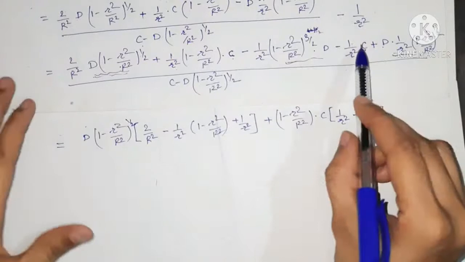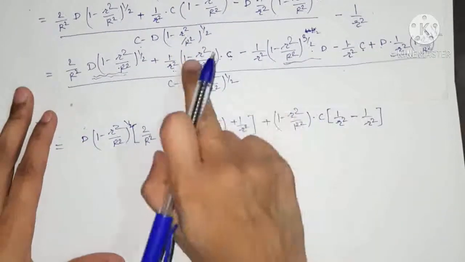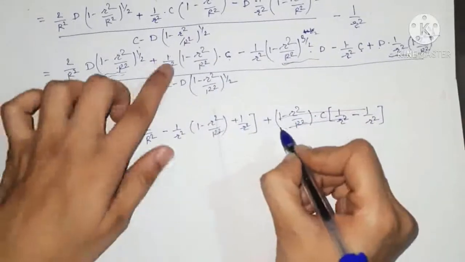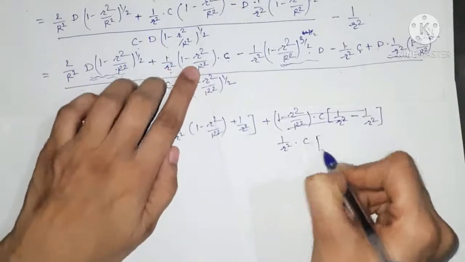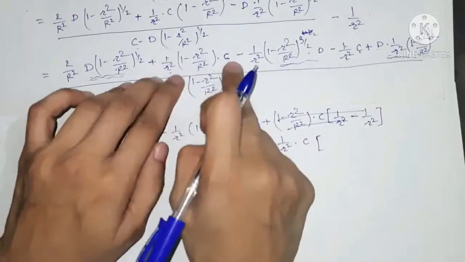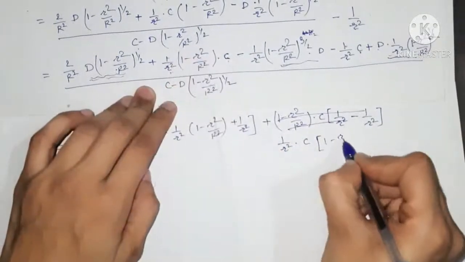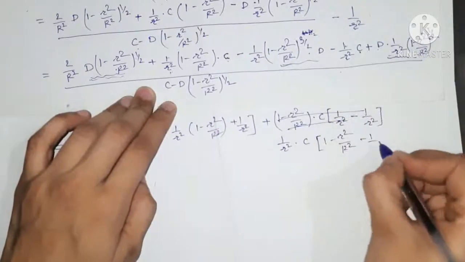Sorry, here we have to take the common 1 upon r square from this term containing c. Okay, so we have to write here as 1 upon r square into c, and inside the bracket we have 1 upon r square, c taking common, so we remain with this term, so 1 minus r square upon capital R square, and here it remains with minus 1 upon r square.